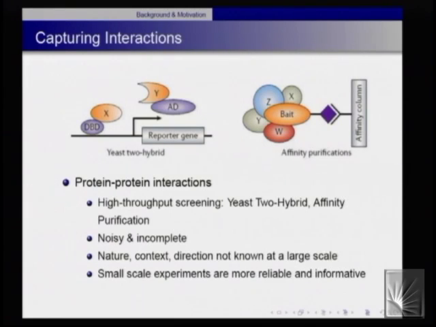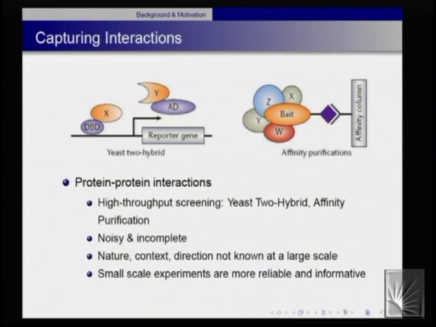You can, at a very low scale, capture interactions in their context. You can say this protein signals to this protein, it gives a phosphate to that protein to activate that protein, but at a very low scale.